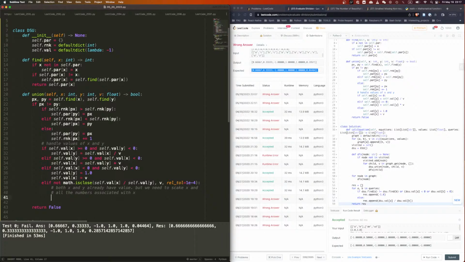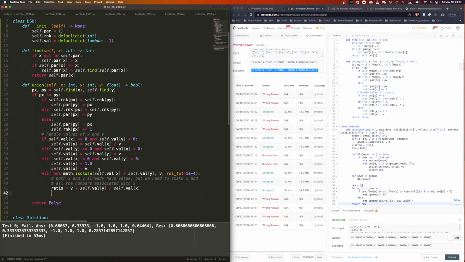Okay, so the ratio shall equal to, it's not close, right? So the ratio shall equal to v times self.val y divided by self.val x.